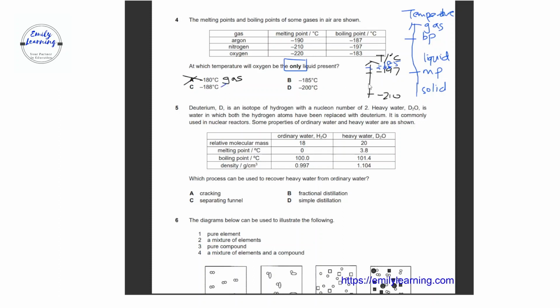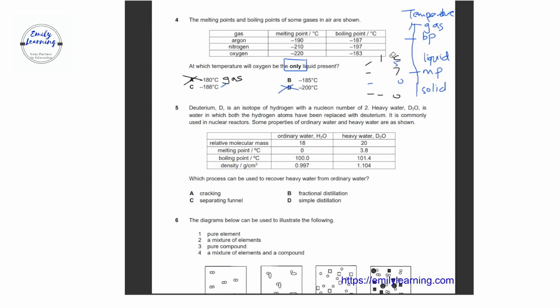Minus 200 is here, so nitrogen is a liquid at minus 200 degrees Celsius, but we do not want it to be a liquid. We want only oxygen to be the liquid. So option D is out. Now we are left with options B and C.